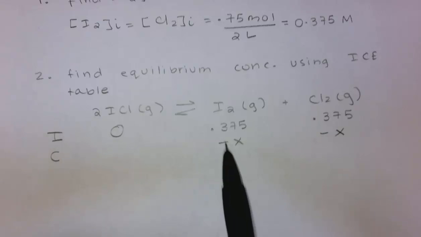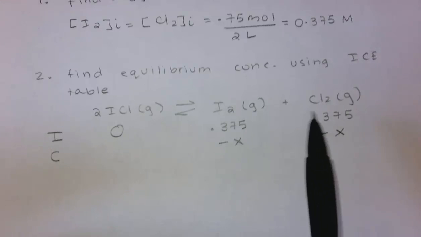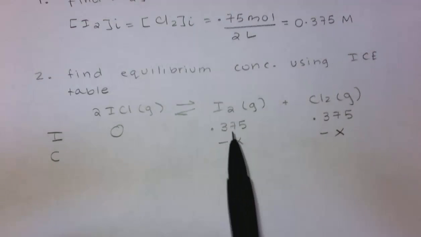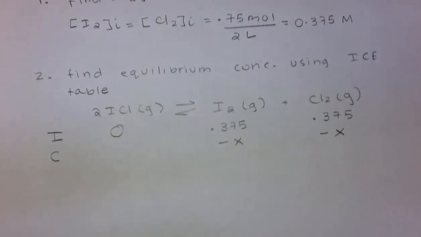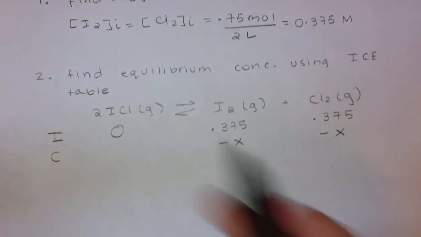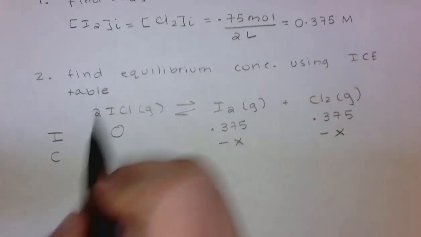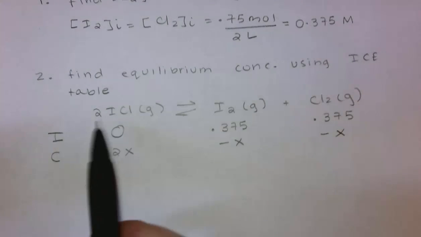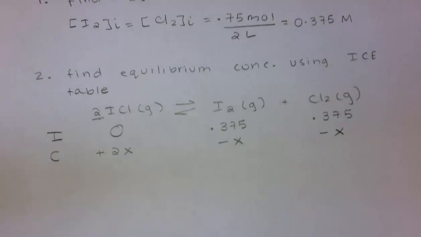So in order to do that, we have to consume some of our iodine and chlorine on this side. Because iodine and chlorine are in a 1-to-1 stoichiometric ratio, we're going to subtract the same value of x for both of them. And then again, following stoichiometry, we're going to add 2x to this side because this has a coefficient of 2.